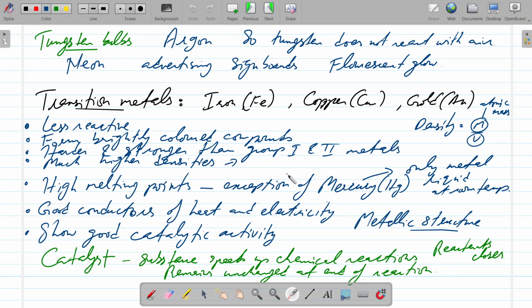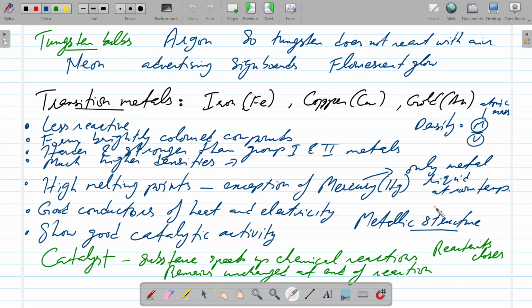You asked yesterday about what makes them harder and stronger. To add to the explanation, it's their metallic structure. When we talk about metallic bonding, we will learn about delocalized electrons and other features of metallic bonding.